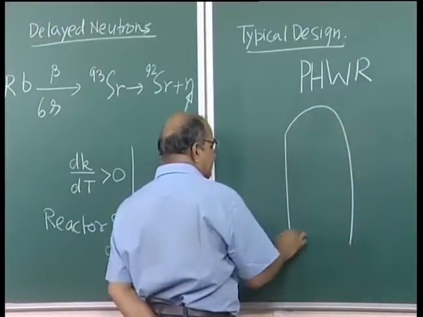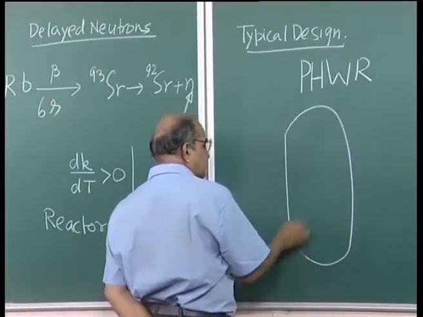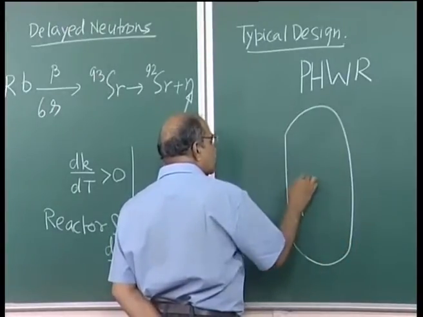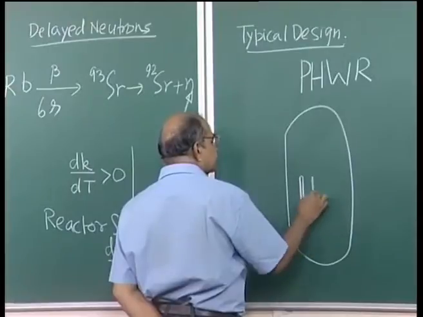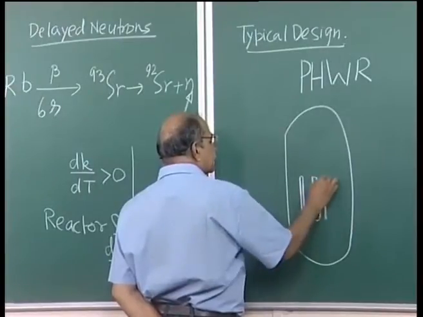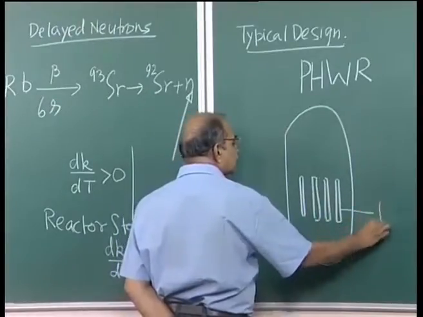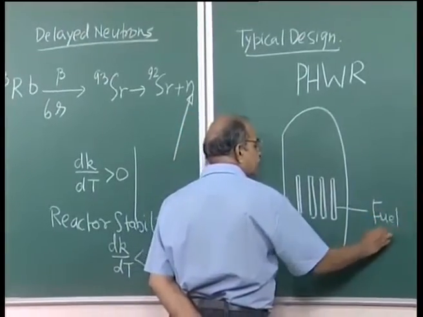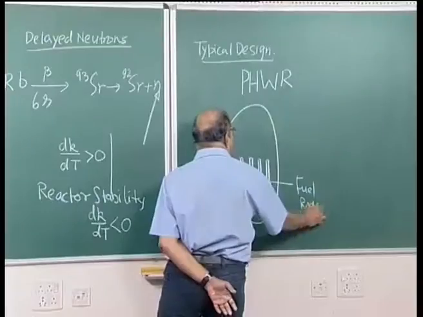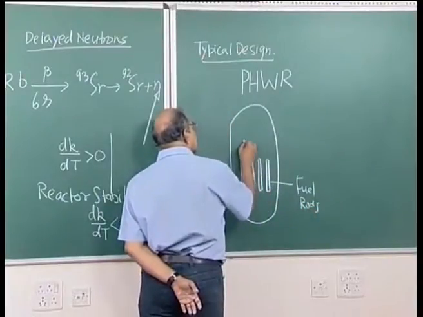say this is the reactor core which contains all those fuels and control rods. So, let me schematically say that these are the fuel rods and these are those control rods.